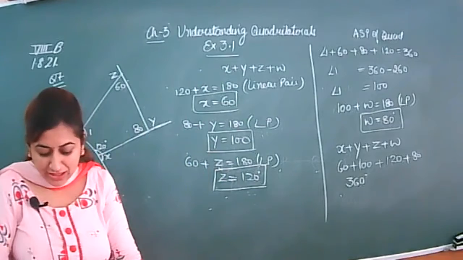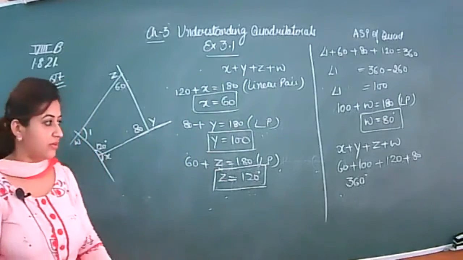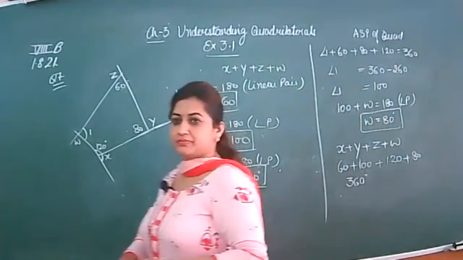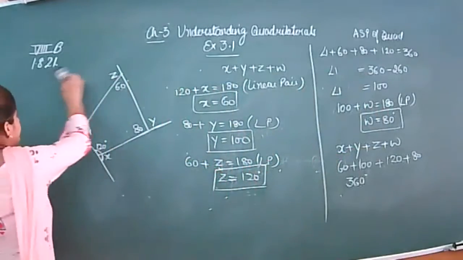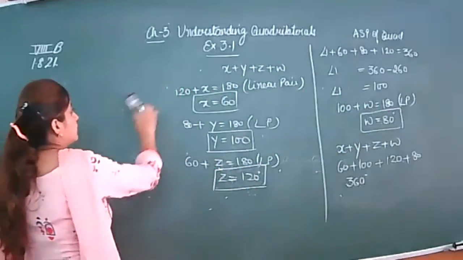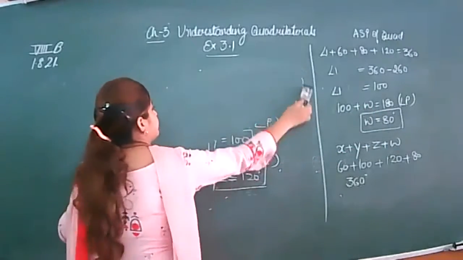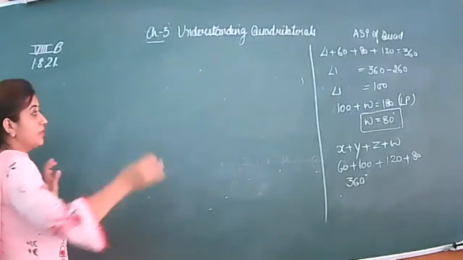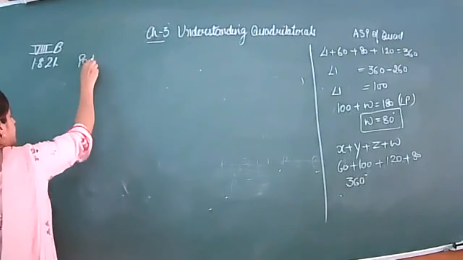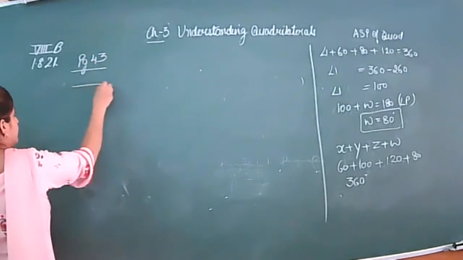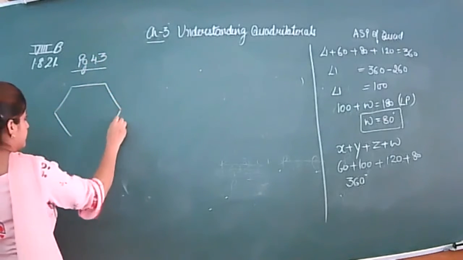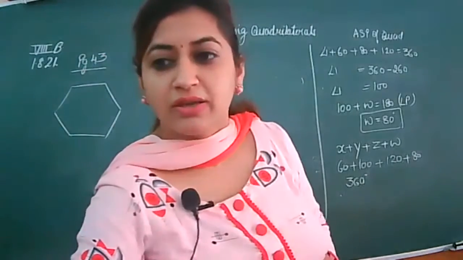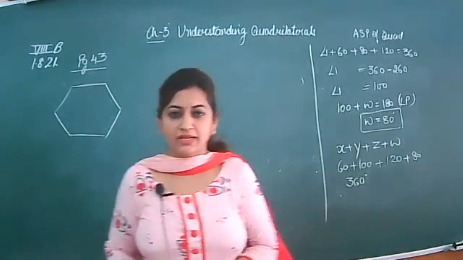So you have to find the sum of all the exterior angles. Hexagon is given. It is a regular hexagon. All its sides and all its angles are equal.